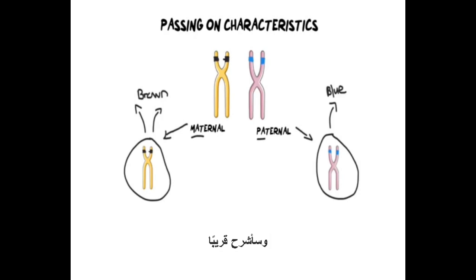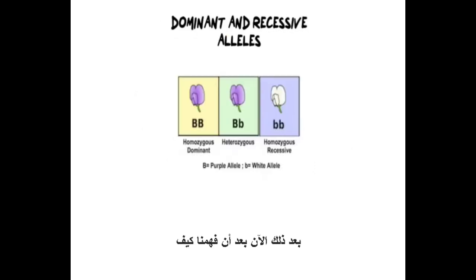And I'm going to elaborate very soon as to why I'm using capital B's for the one and lowercase b's for the other. That has to do with whether or not the allele is what we call dominant, or is it a recessive allele? And I'm going to explain that next.